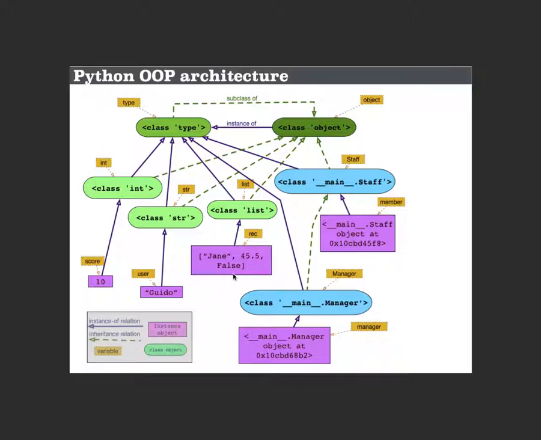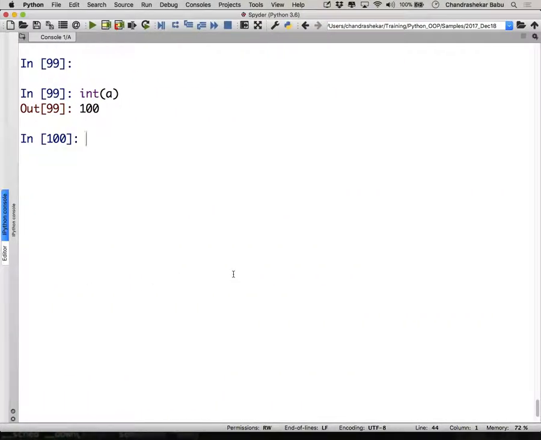You can say there's a metaclass. All of these are instances of the metaclass. I'll show you an example here. When I say a = 10, a is a variable referring to an object 10. So take the type of a.